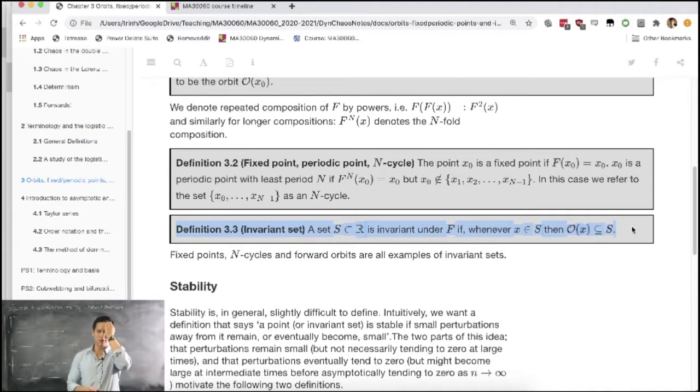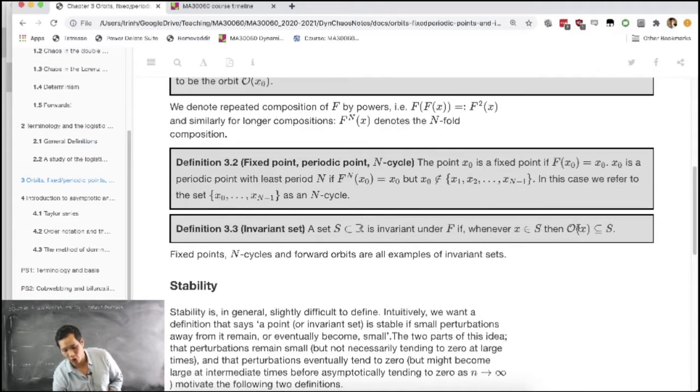One definition that we didn't cover in the lecture, or I might have only briefly mentioned it, was this notion of the invariant set. The invariant set is essentially a set contained in R, which under the effect of the map always remains in the set. So x will be part of the invariant set, which we call S, if the orbit of x, if I keep on hitting x with my map, then all the later iterates remain in the set, and also all the previous iterates.